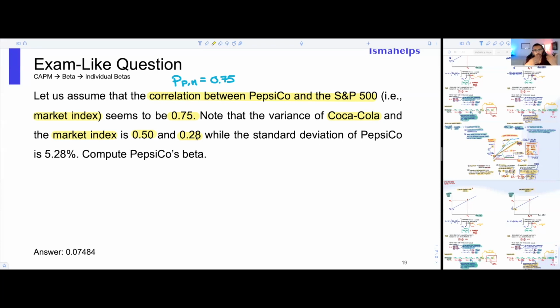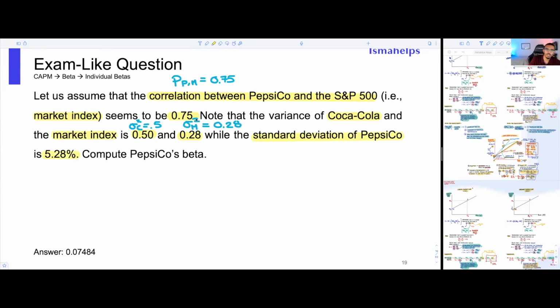So that's why I gave you exposure to a really poor show of grammar and syntax in a question. But what we want to figure out here is that the variance for Coca-Cola is going to be 0.5, and the variance for the market index is going to be 0.28. And we're also telling you that the standard deviation of PepsiCo is equal to 5.28%.